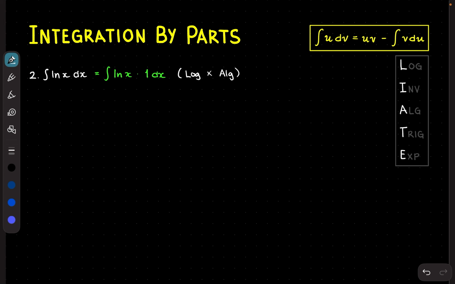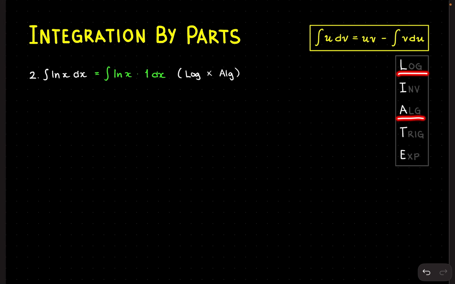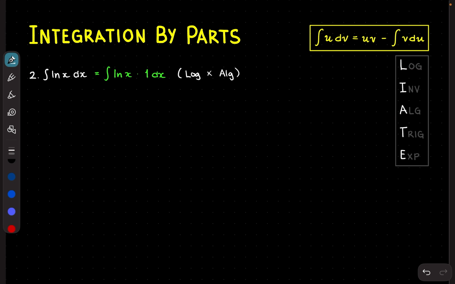Checking the LIATE, obviously logarithmic is higher than algebraic. Log is here, algebraic is here. Which means our choice of u must be equal to ln of x, then dv must be the remaining.